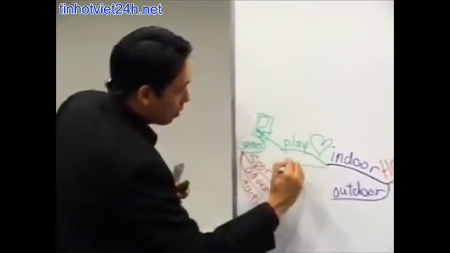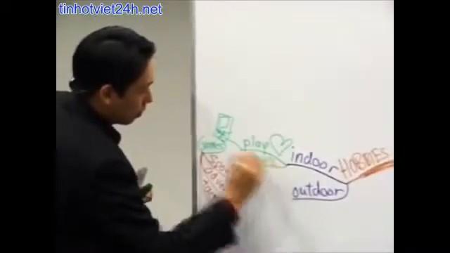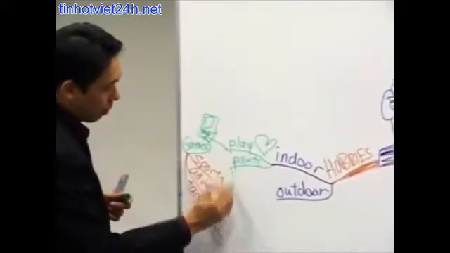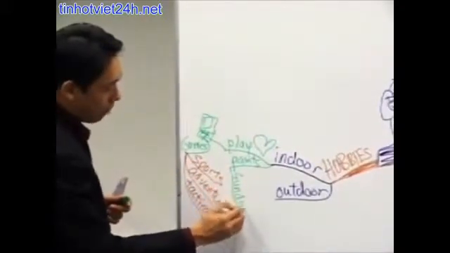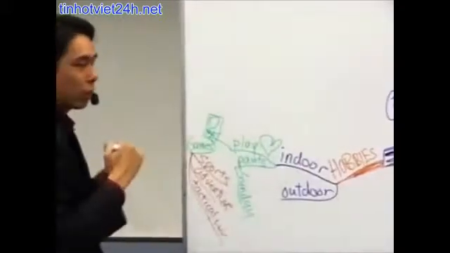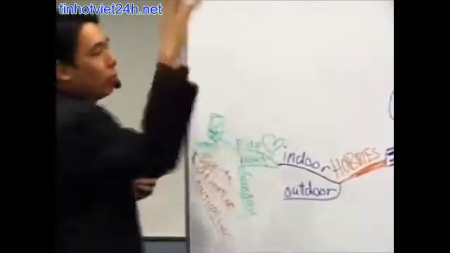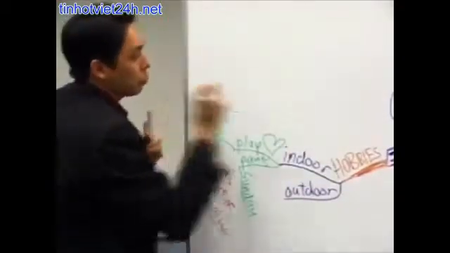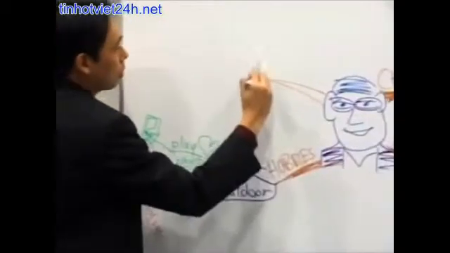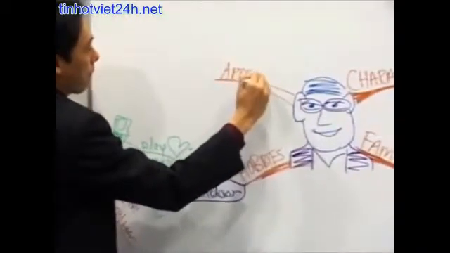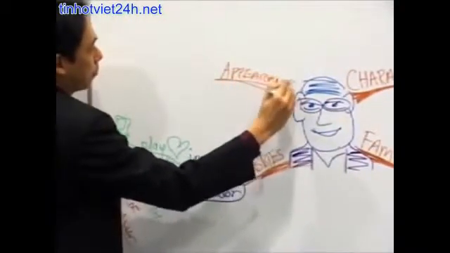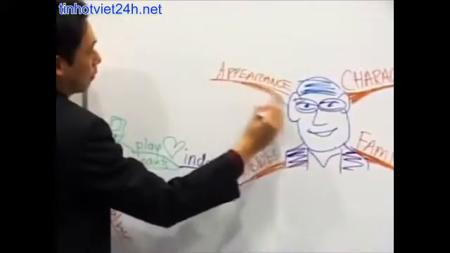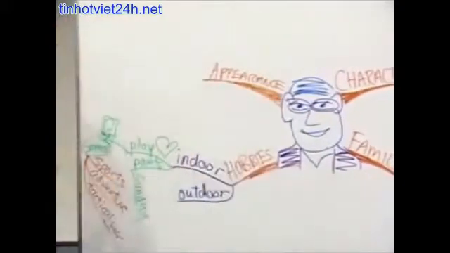So paints every Sunday. So again, notice we're branching from right to left. So again, once you finish this whole section, you move on to the next part and put on the next subheading, which could be maybe under his appearance, what he looks like. Alright, and you continue the process.